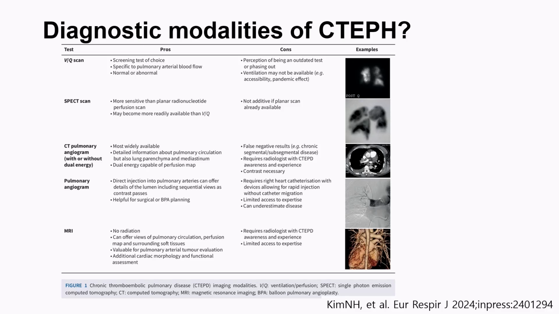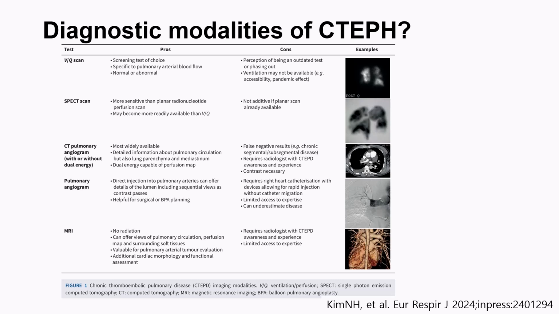Because these imaging studies have pros and cons, you should know this. For example, the VQ scan is the screening test of choice for CTEPH, and it is specific to pulmonary arterial blood flow. However, it has the perception of being an old, outdated test, and ventilation may not be available.